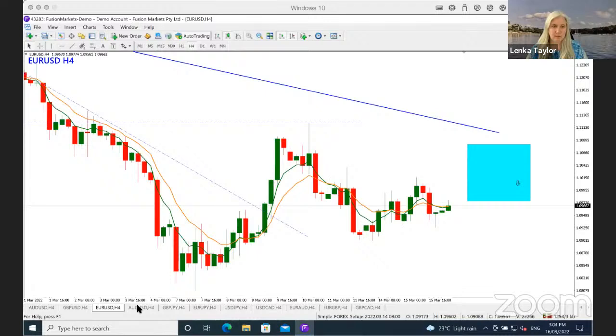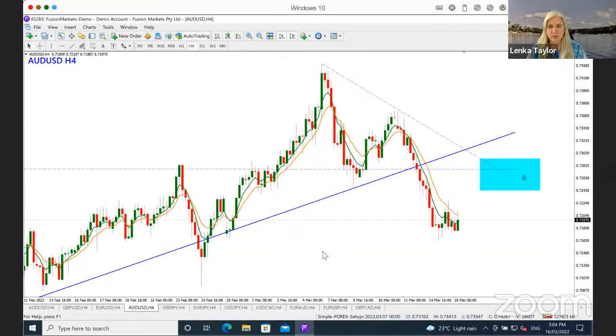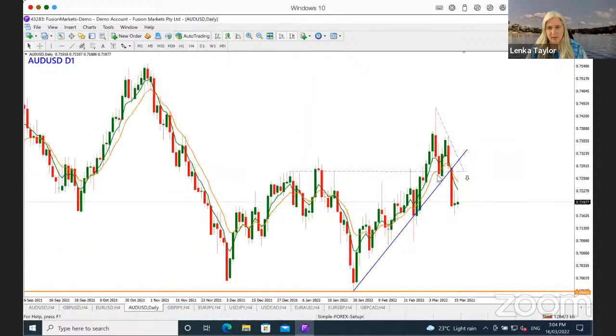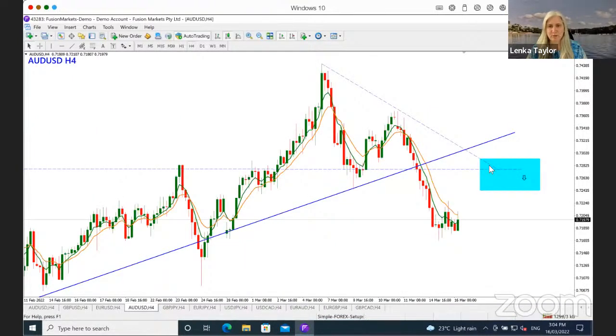Next currency pair, I'm looking at EUR USD. So this has now come through the trend line that was going up. So we took the trade last week going long. This time I'm looking at short, but I need that price to be up high. There is a counter trend opportunity here, possibly to go up just to this level. So it's a very small trade.